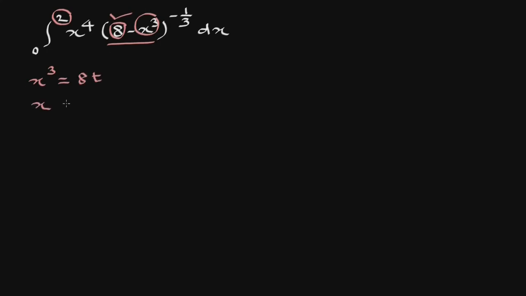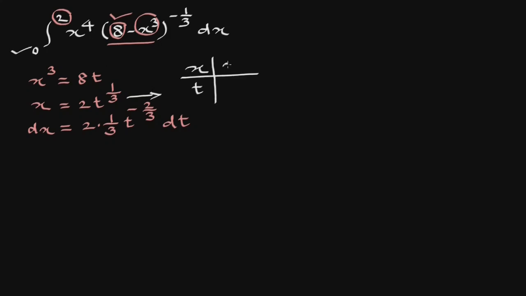So x will be cube root of 8 times t raised to 1 upon 3. After differentiation, dx will be 2 into 1 upon 3 t raised to 1 upon 3 minus 1, that is minus 2 upon 3 dt. Let us check the change in limits of integration due to this substitution. When x is the lower limit 0, t will also be 0, and when x is the higher limit 2, t raised to 1 by 3 will be 2 upon 2, 1, so t will also be 1.